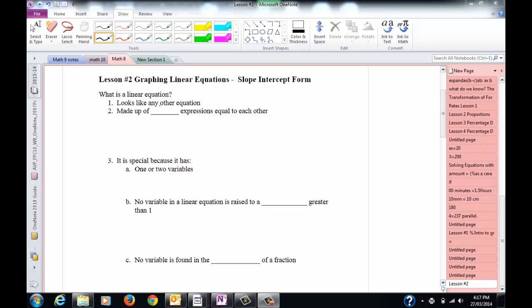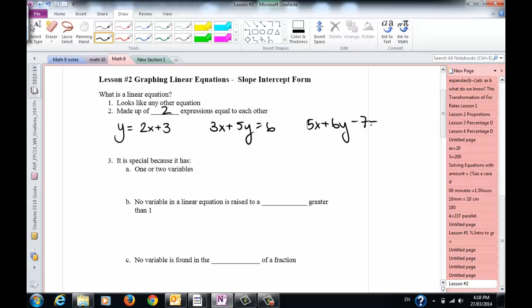Well, it looks like many other equations. It's made up of two expressions that are equal to each other. So some examples would be y equals 2x plus 3, 3x plus 5y equals 6, maybe 5x plus 6y minus 7 equals 0.